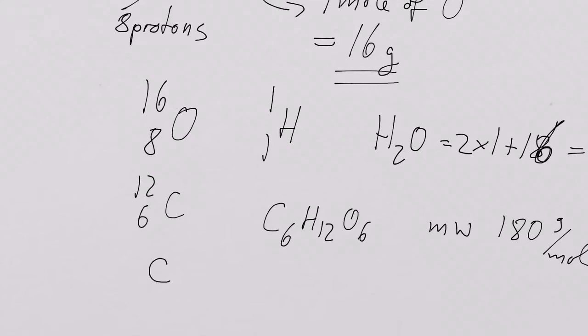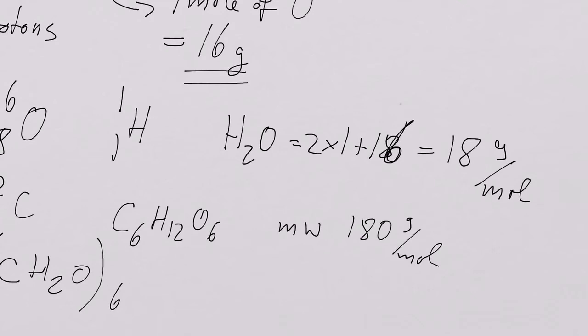CH2O. It's a carbohydrate, and in this case, 6 times. So what I do, just in my head, is C is 12, plus 2 is 14, plus 16 is 30. 30 times 6 is 180. Carbohydrate. So you can very easily determine the molecular weight.